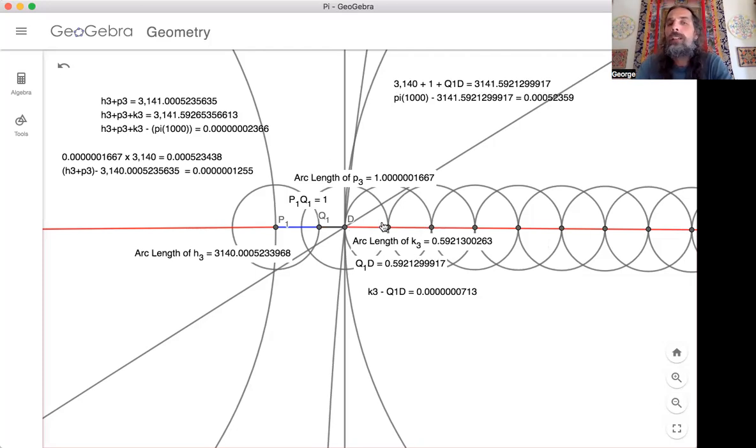It's just how many little segments did it take me to get back to D by just adding up the circles, right? And this little bit of remainder. And the value I come up with is 3.41592129917.